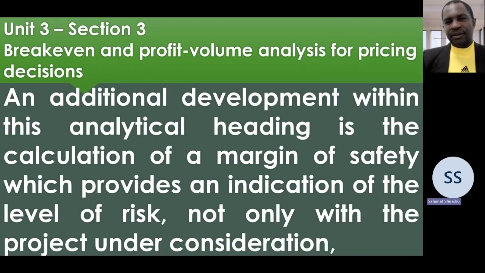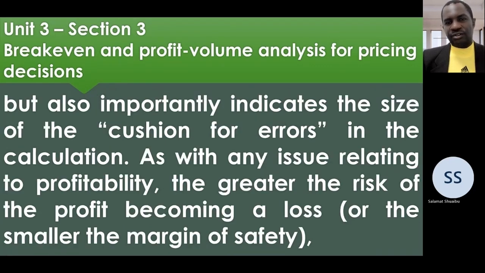So an additional development within this analytical heading is the calculation of a margin of safety, which provides an indication of the level of risk, not only with projects under consideration, but also importantly indicates the size of the cushion for errors. Exactly. So where maybe there was an error in the break-even calculation, the margin of safety will cover for it.